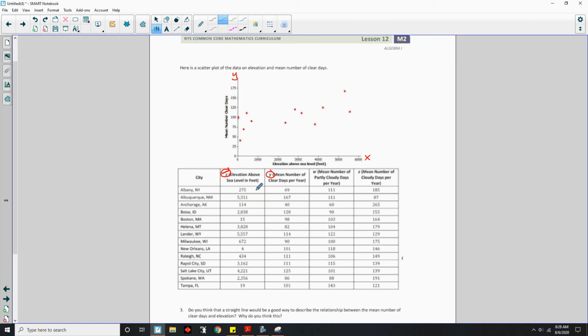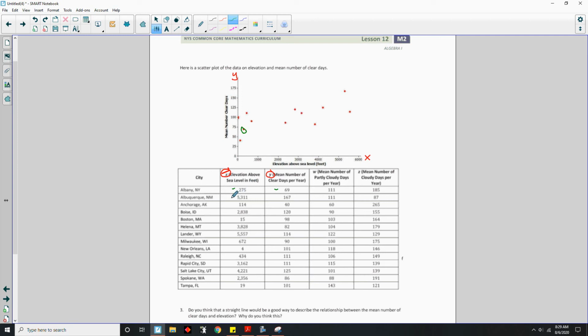That's why it's called bivariate data, two values. So Albany, New York was 275, and then 69 clear days. Here's 1,000, 500 would be here, 250 would be over here. So this point right here is Albany, just to give you an idea.